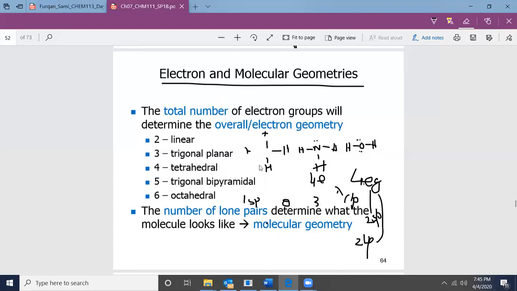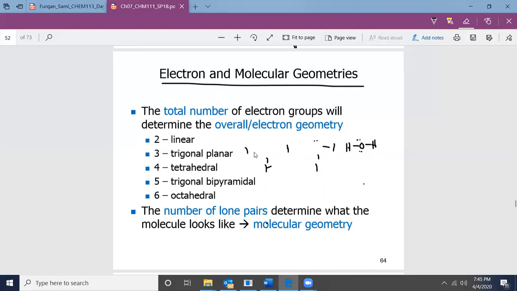So that's the main difference between the electron geometry and the molecular geometry. Electron geometry considers the total number of electron groups. It's not going to differentiate between the lone pairs of electrons on the central atom versus the shared pairs of electrons on the central atom. So no discrimination in that.